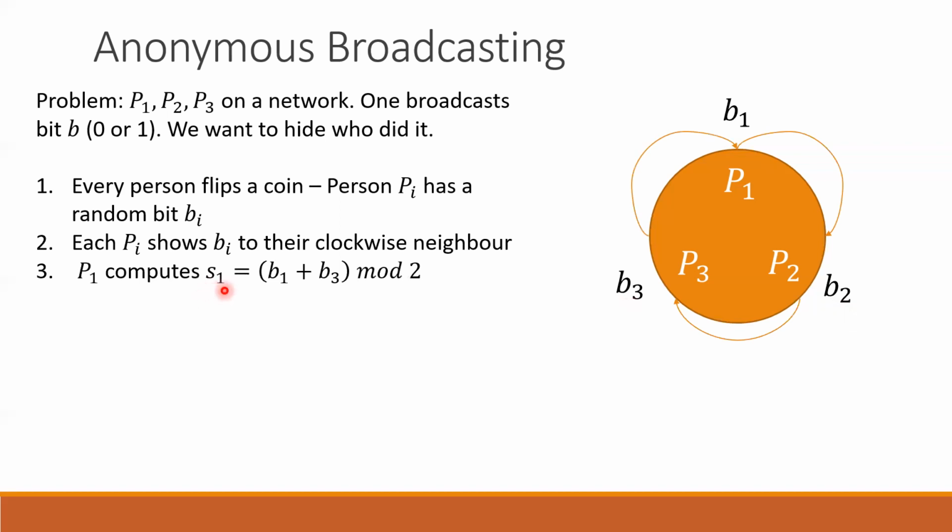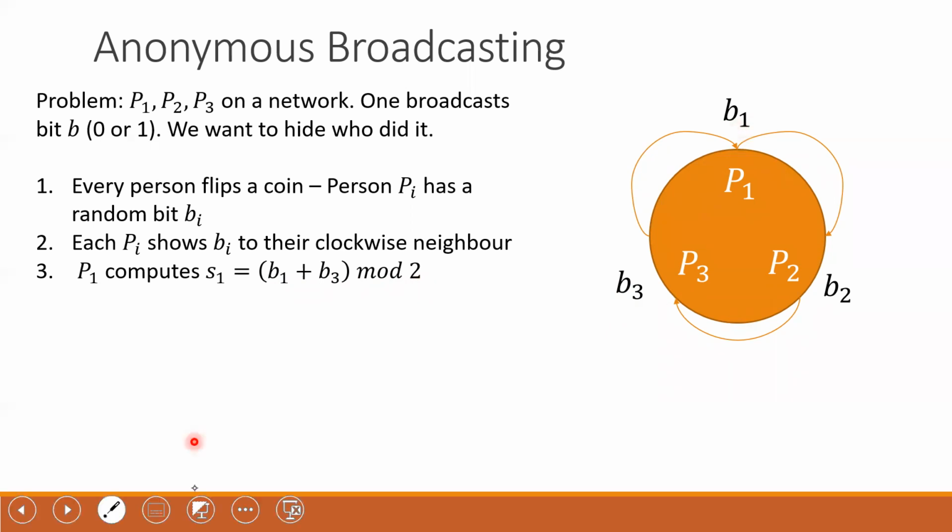Now, person 1 computes a bit S1, which is B1 plus B3 mod 2. Person 3 showed them that bit, so they add them together modulo 2.